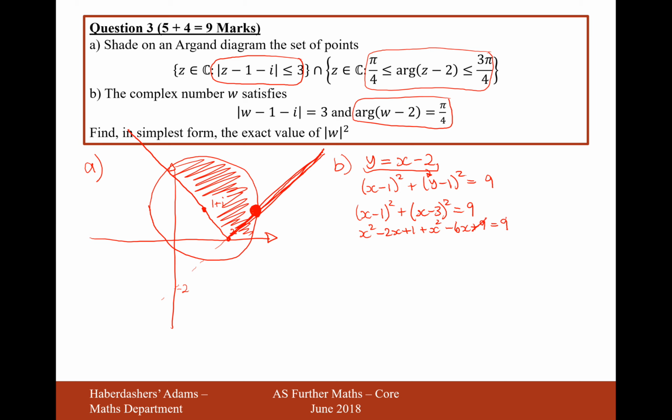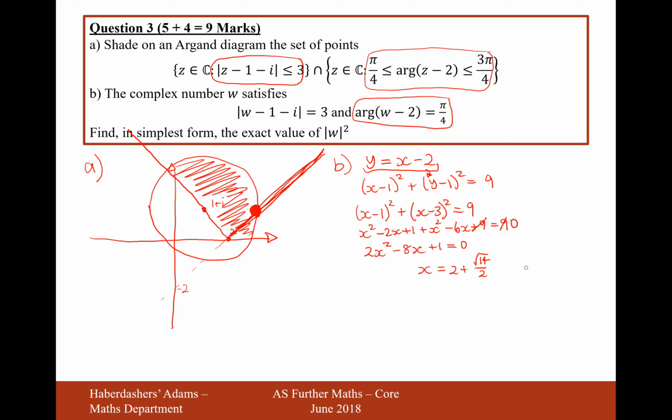I'm going to cancel out the 9 on both sides and put a 0 there. Simplifying, it'll be 2x squared minus 8x plus 1 equals 0. Now solve this in your equation solver, and if you type it in, you're going to get x equals 2 plus root 14 over 2.